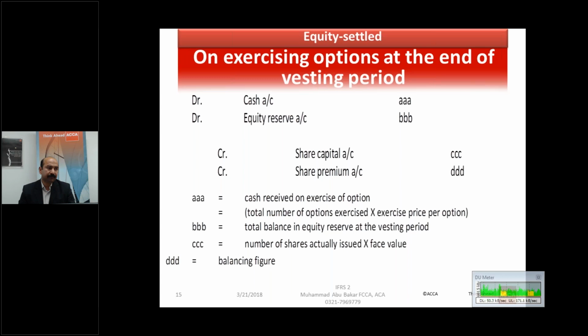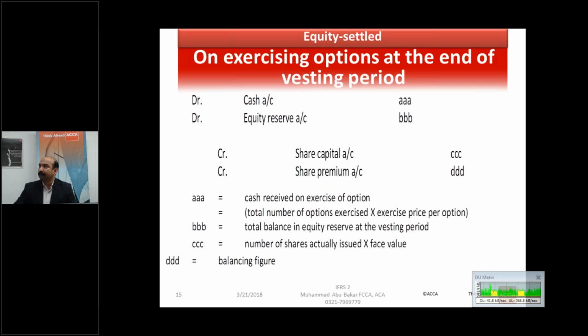If the fair value of the share by that time goes down and the exercise price that was agreed was higher, what will happen in this case, Rashid? Rashid, then these options will not be exercised and they will lapse. Now the next question is, what will happen to the equity reserve already lying in our account?